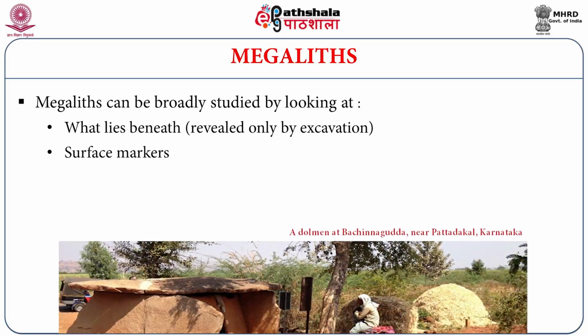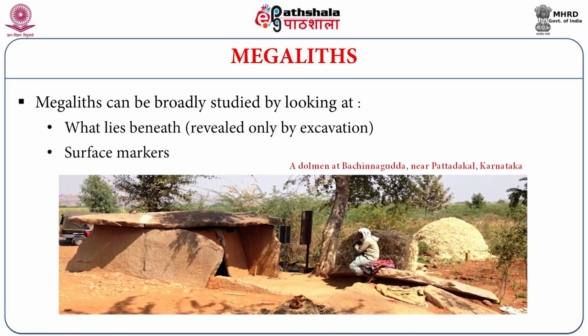For example, at several sites, we have only the stone circle on top. When you dig the stone circle, you may find a sarcophagus. Therefore, a stone circle alone cannot form a burial type. A stone circle with sarcophagus is a proper typology.